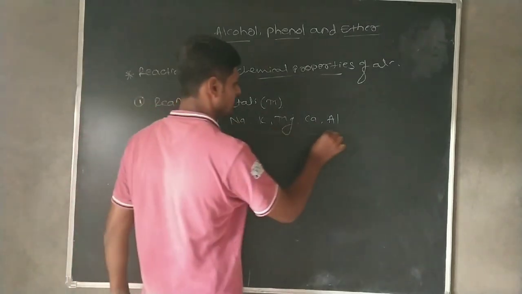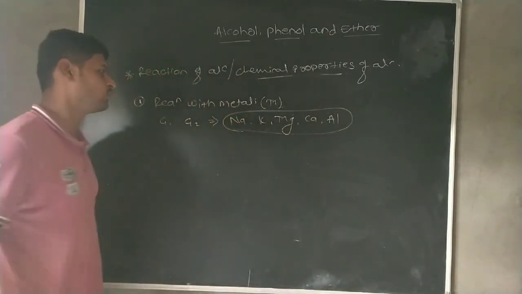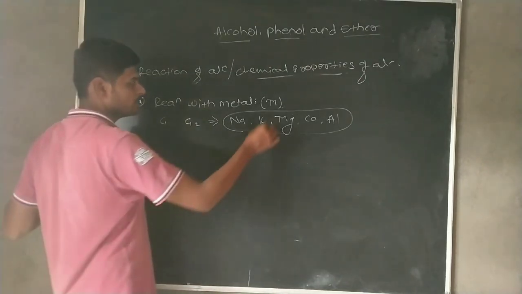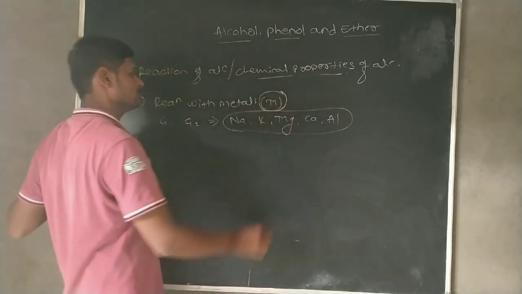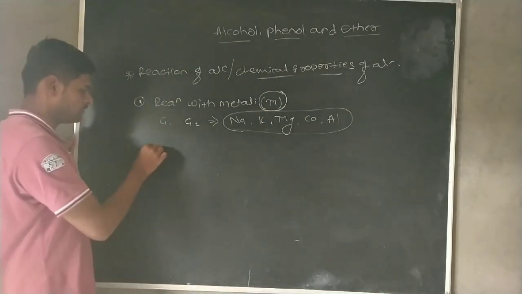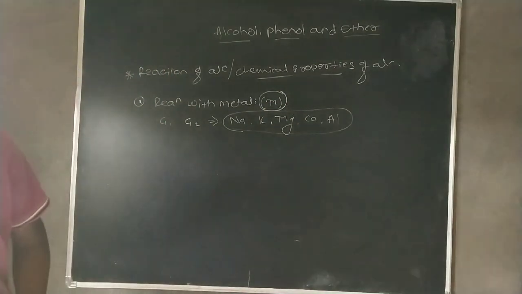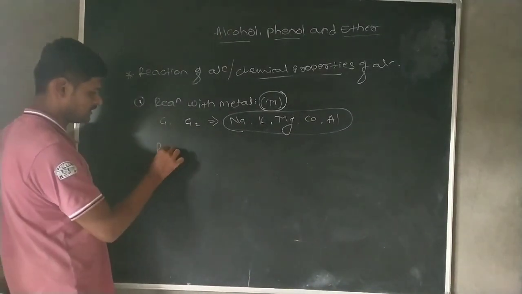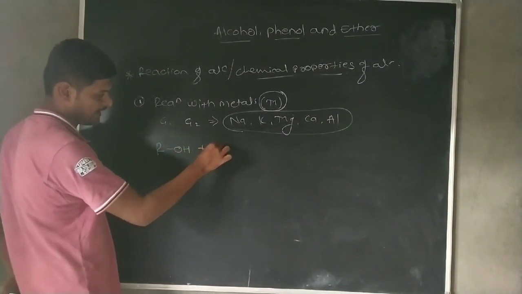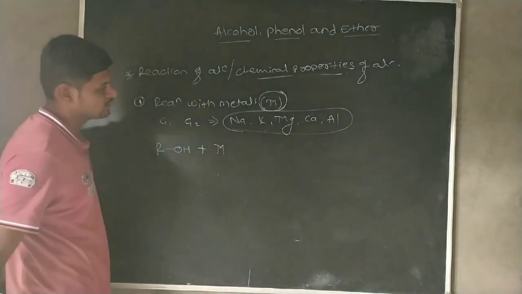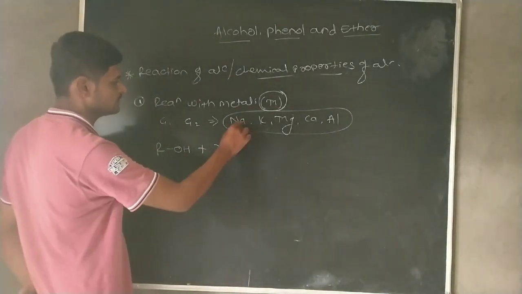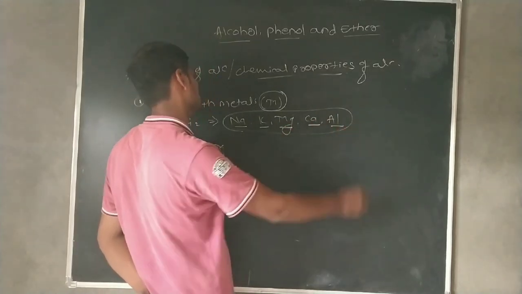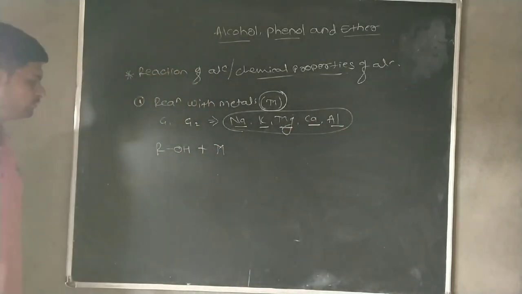These metals react with alcohol. Metal is denoted by M, so this alcohol is reacted with M, which we consider here as metal.